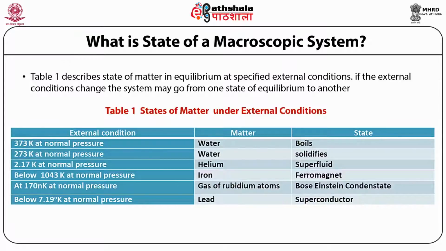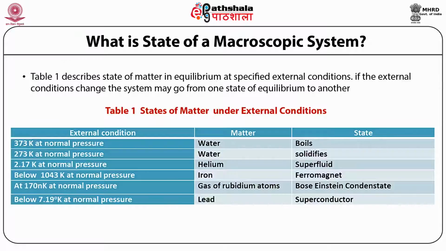If the external conditions change, the system may go from one state of equilibrium to another. For example, when the external condition is 373 degrees Kelvin at normal pressure, water boils. But if the temperature changes to 273 degrees Kelvin at normal pressure, water solidifies. In the case of helium, at 2.17 degrees Kelvin at normal pressure, it behaves like a superfluid.